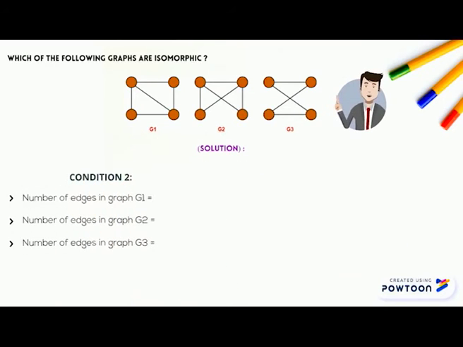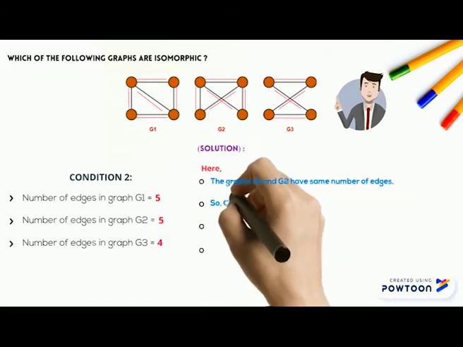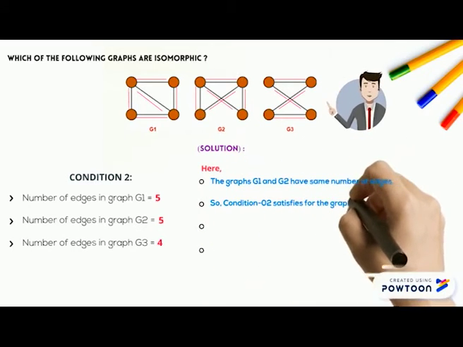Condition 2, number of edges in the graph. Here, the graphs G1 and G2 have the same number of edges, so condition 2 is satisfied for G1 and G2.